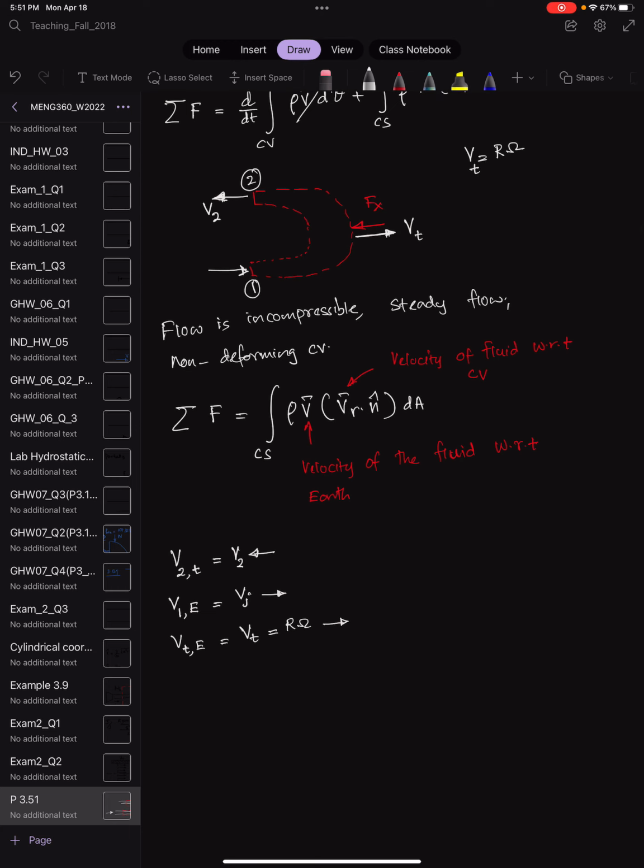Now let's apply our simplified version of the equation. We apply the equation from left to right.